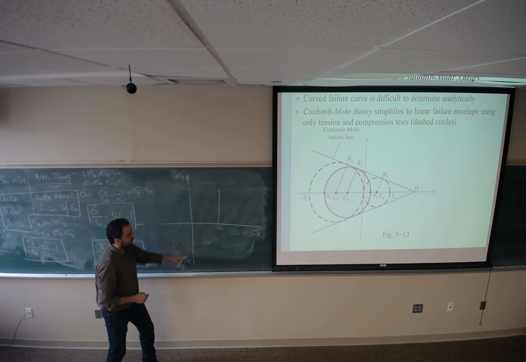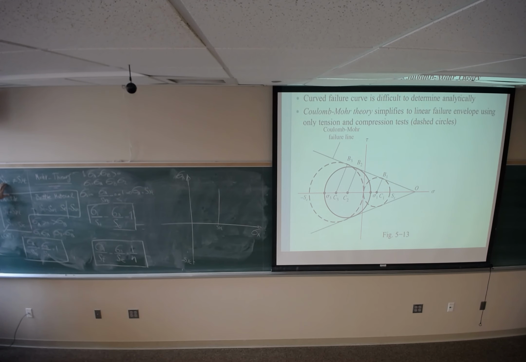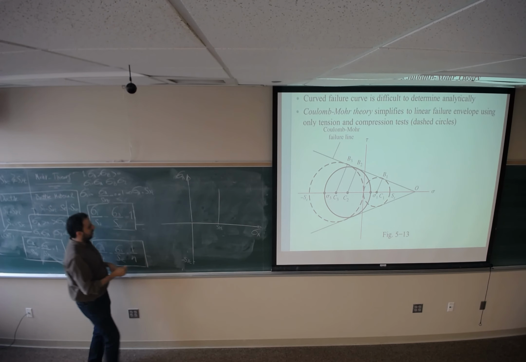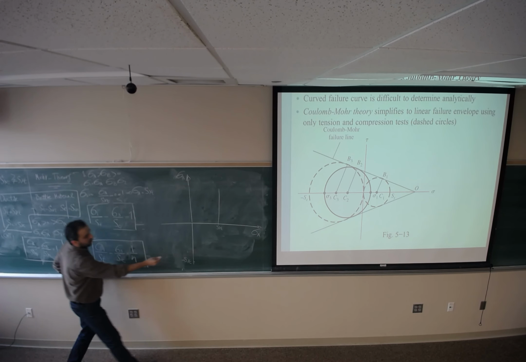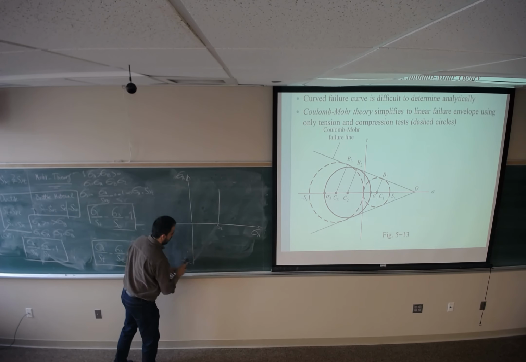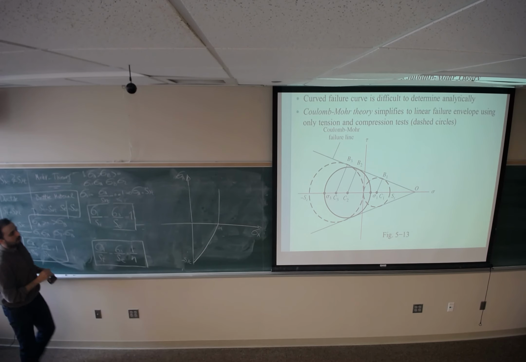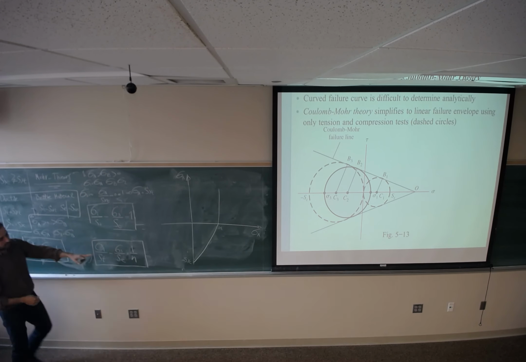So if this is SYT, SYC should be different, and usually it's greater than SYT. So for that reason, this one is greater than this. So how can I represent this equation? For case 2, if I want to draw this line, it's going to look like this.